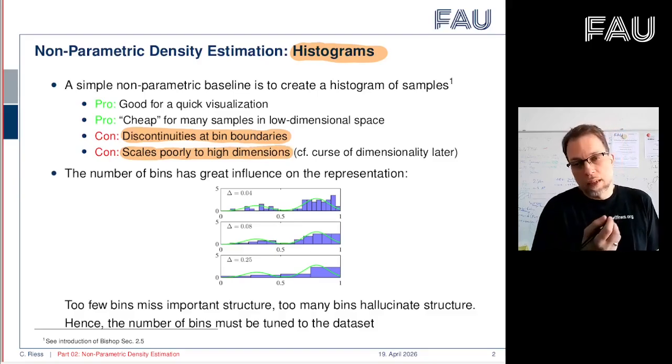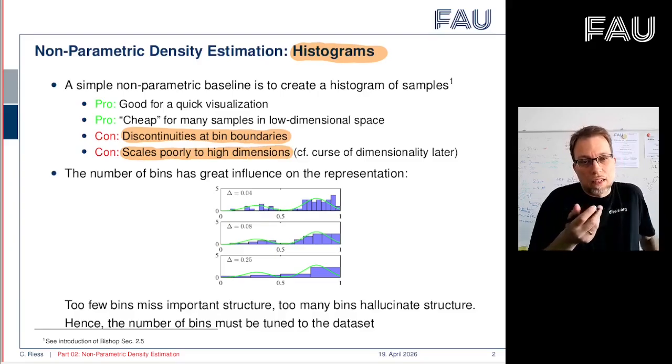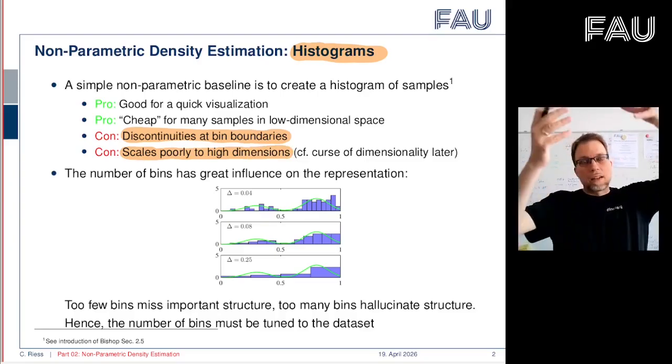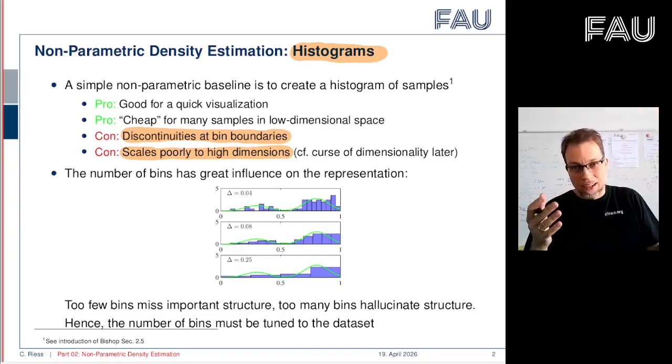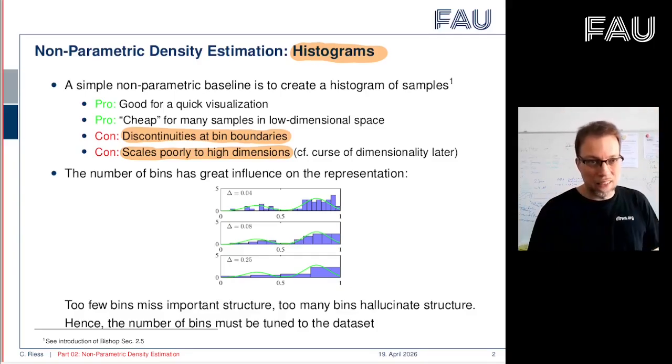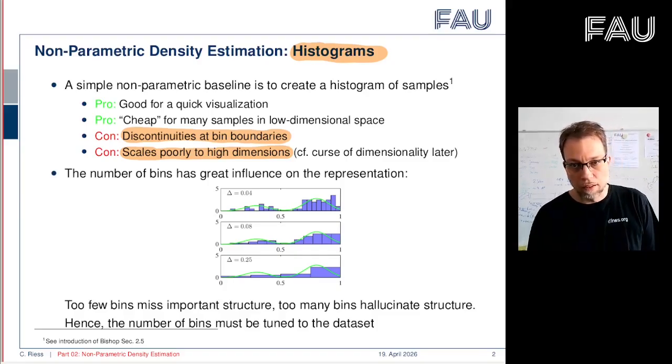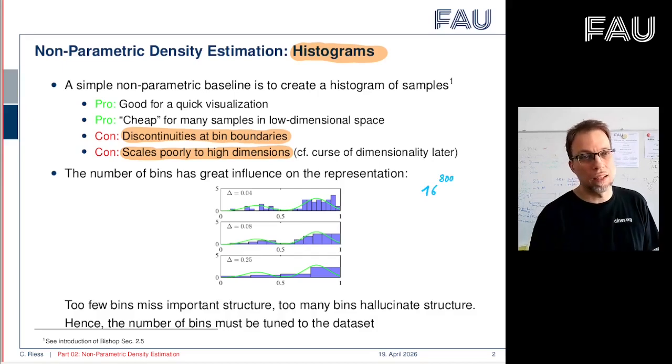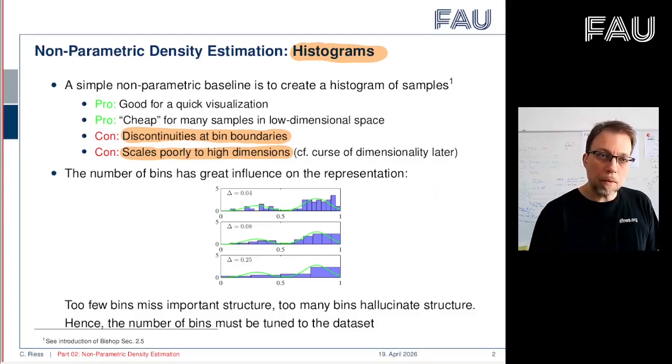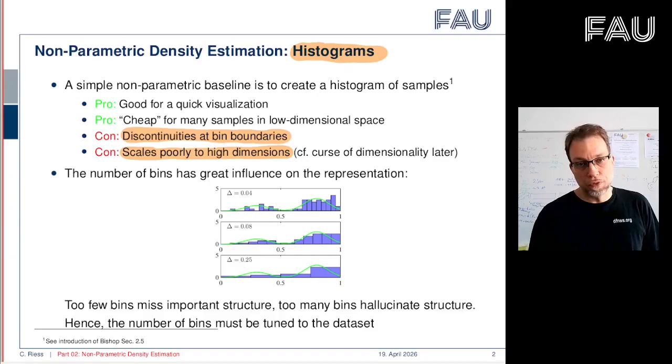If you have an 800 dimensional feature space, the 800 goes in the exponent of the number of bins per dimension, so it's really creating a problem. So if we say we have 16 bins per dimension and then 800 dimensions, then it's really terrible. Okay, so this is not a possibility that we have. But other than that, histograms are useful.